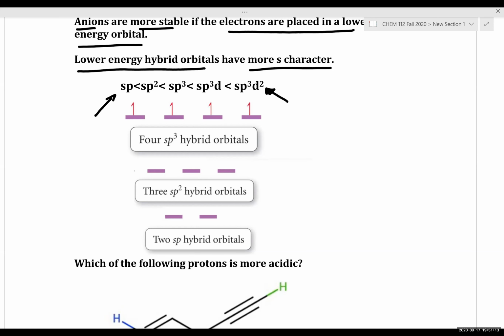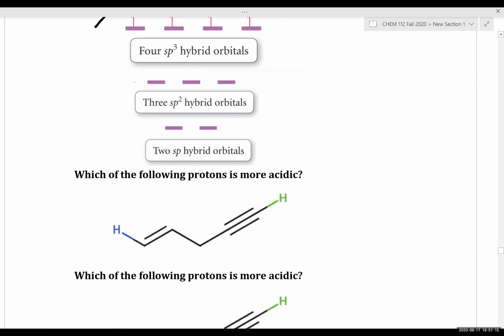So then, if we look at an example like so, where we have proton A and B, what is the hybridization of the carbon that these protons are attached to? For proton A, what carbon is it attached to?